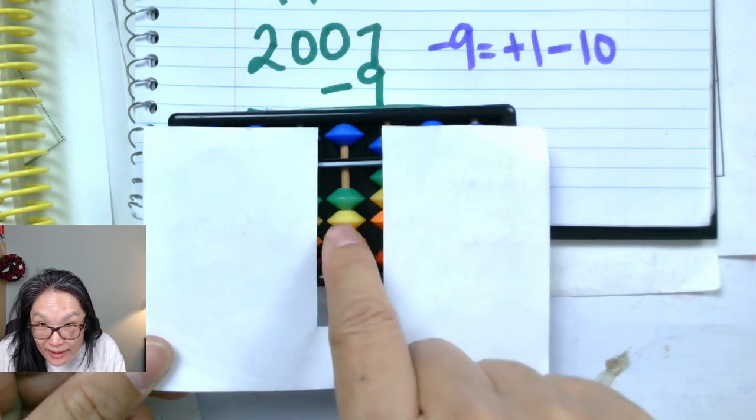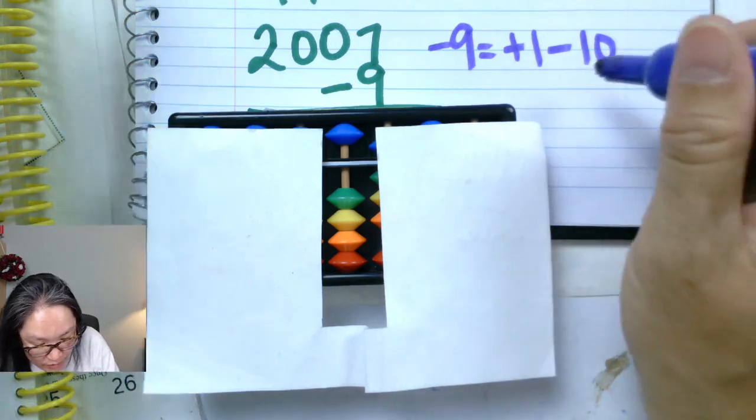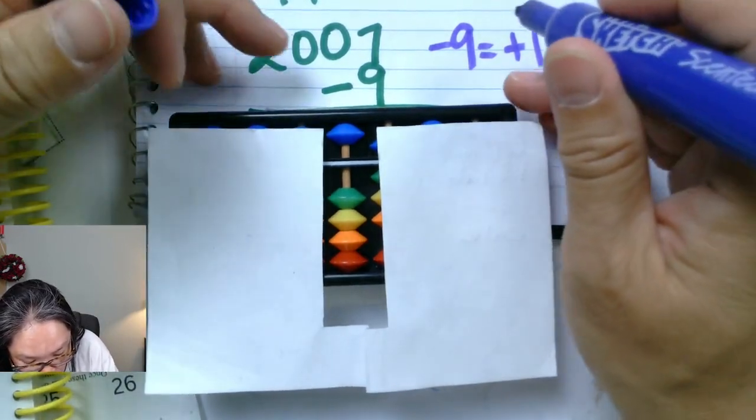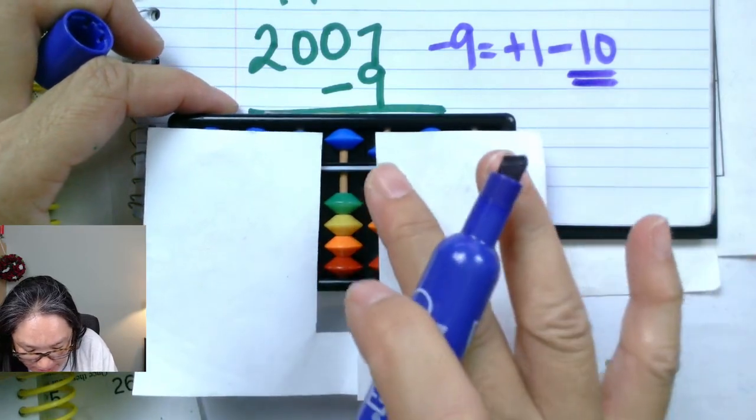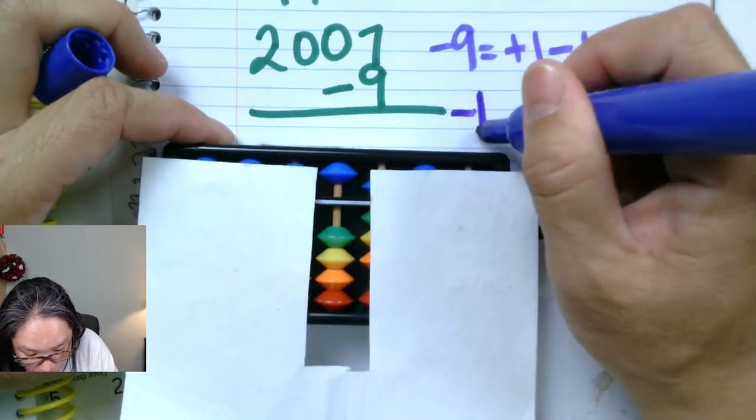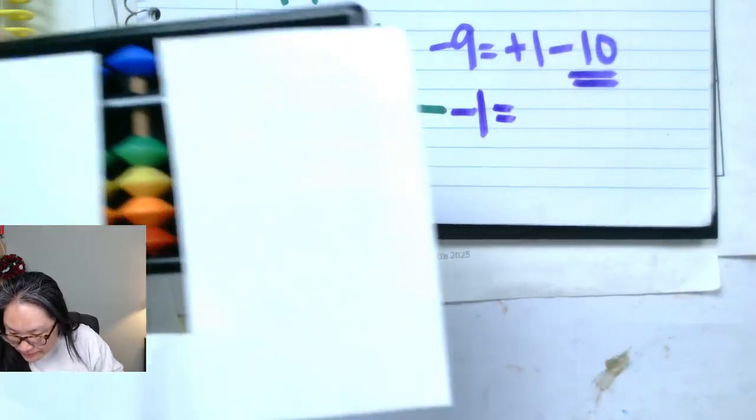So if we're doing minus 1, now what are we doing? This is minus 1, right? Because it's 0, 1. Minus 1 is equal to what?